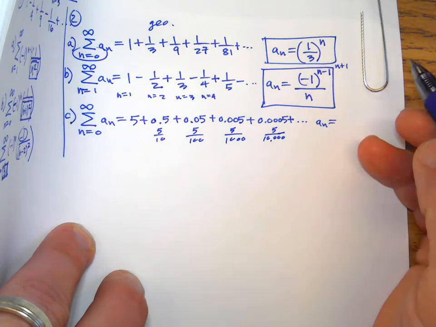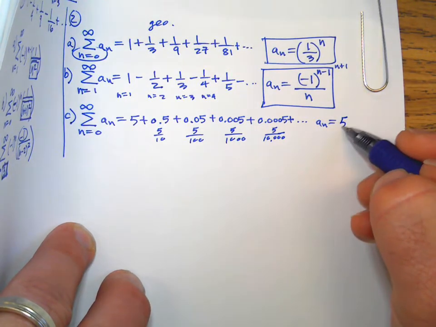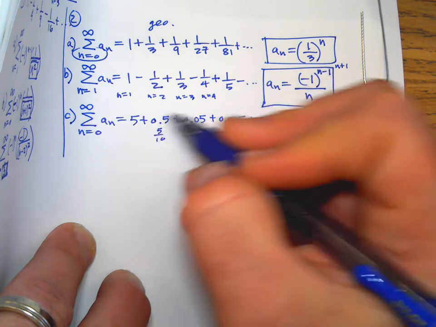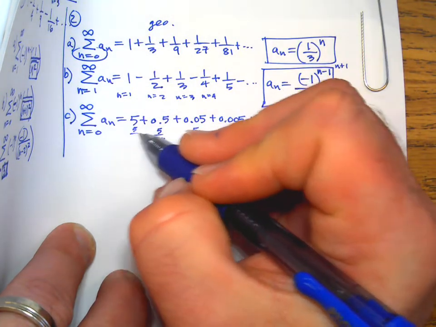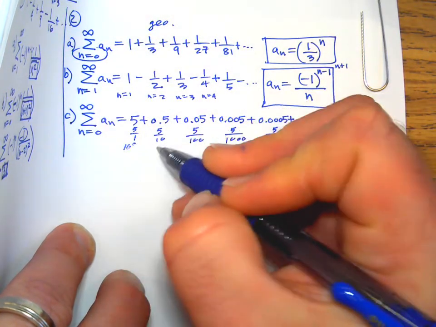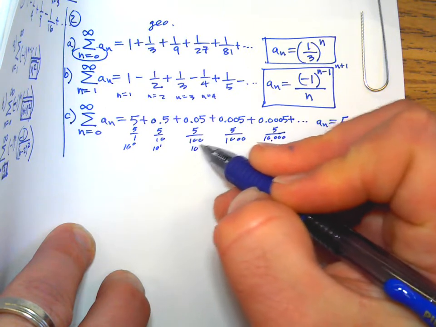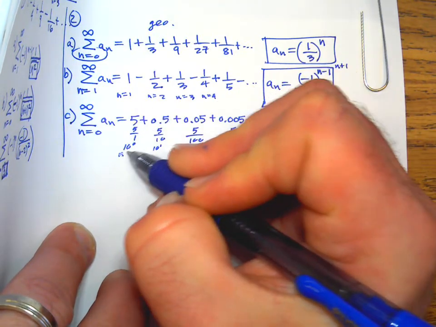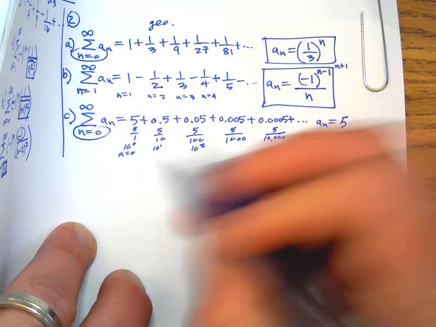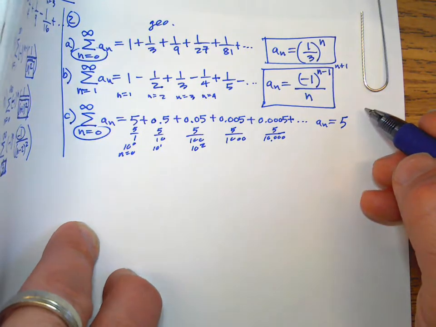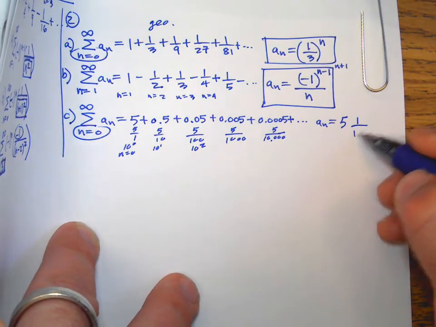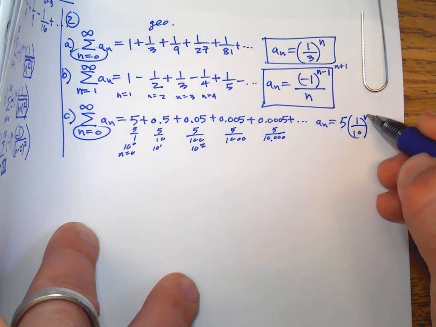Okay, they're all the same sign. They all have a 5, so there's just a 5 there. And then this is like 5/1. So this is like 10 to the 0, 10 to the first, 10 to the second. Now we're starting at n equals 0, which seems nice. So I think it's going to be 5 over 10 to the nth power.